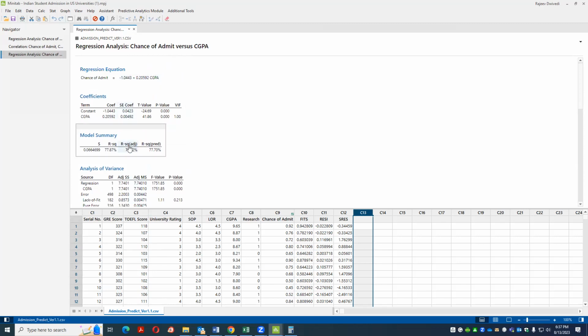But it is only a little lower. If this is 77 or 78%, it cannot be 72%, maybe 1 or 2% lower, not much more. But if you have only a small number of observations, it could be significantly different. Still, R square is most important.